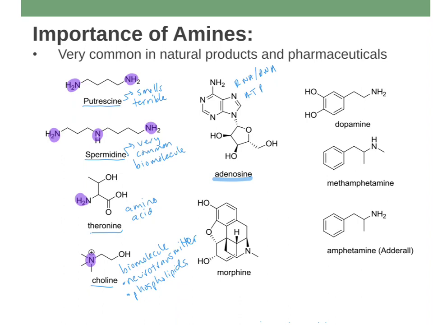It's part of things like coenzyme A. It's in important coenzymes like NAD plus, which is nicotinamide adenosine diphosphate. It's all over the place. Super important biomolecule, but again, you notice that it has an amine in it, which is right up here.